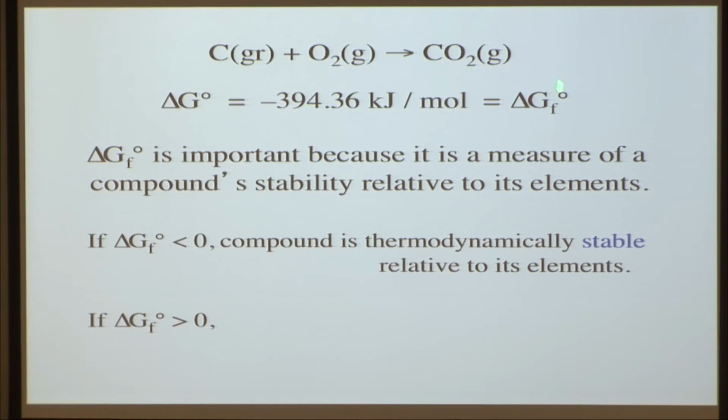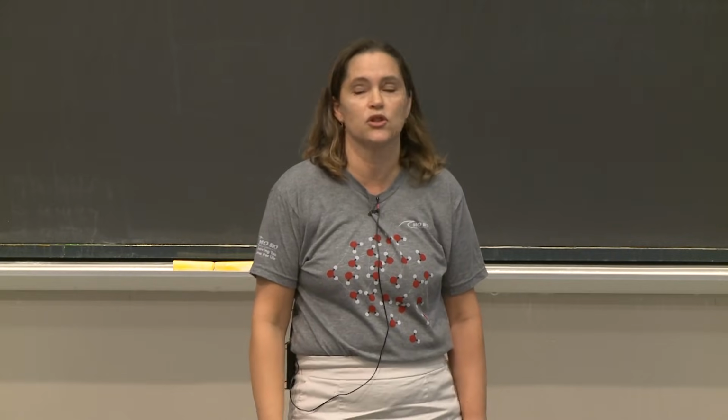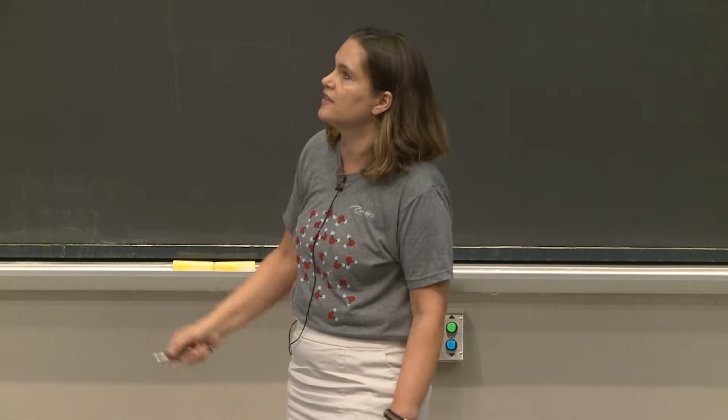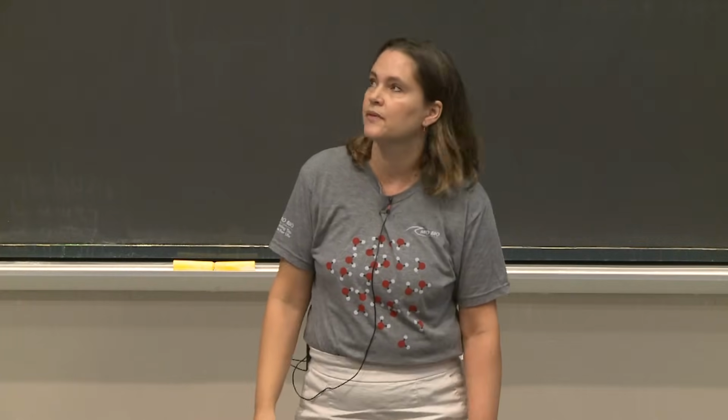So here, the formation from the elements in their most stable state, if this is spontaneous in the forward direction, it also means that it's non-spontaneous in the reverse direction. That means once CO2 forms, it's going to be stable compared to the elements from which it came, because it's non-spontaneous going in the reverse direction, or at least that's the way that I like to think about it. So relative to its elements, it's stable. Spontaneous forward, non-spontaneous in reverse.